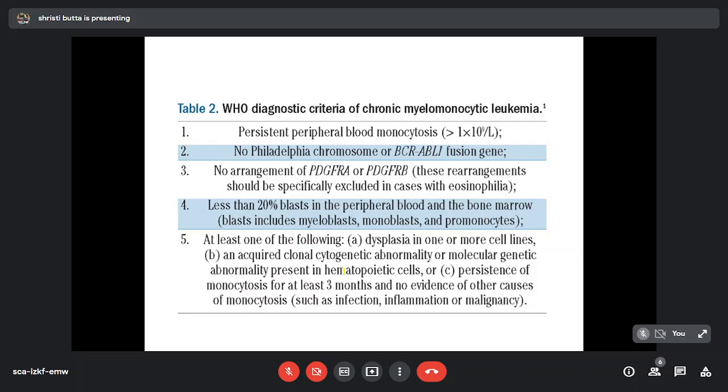Blasts can be either myeloblasts, monoblasts, or promonocytes, and at least one of the following: one, dysplasia in one or more cell lines; two, acquired clonal cytogenetic abnormality or molecular genetic abnormality present in hematopoietic cells; or you have a persistence of monocytosis for at least 3 months with no evidence of other causes of monocytosis. So if these criteria are met, that is all the four with at least one of the fifth criteria, then that is a case of chronic myelomonocytic leukemia.